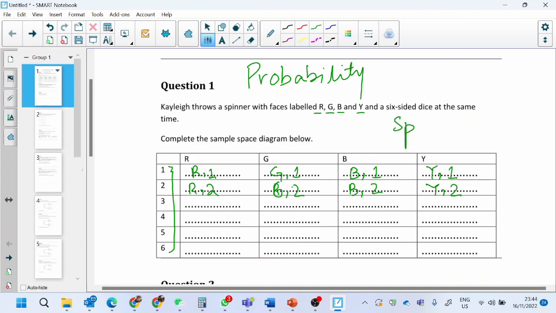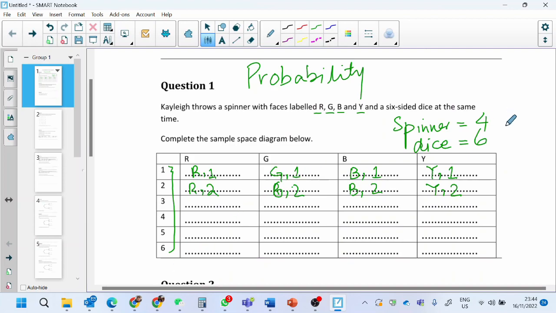One is a spinner which has four sides, and there is one more die which has six options or six sides on it.